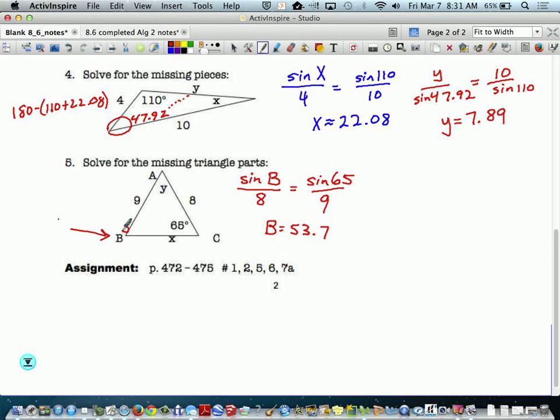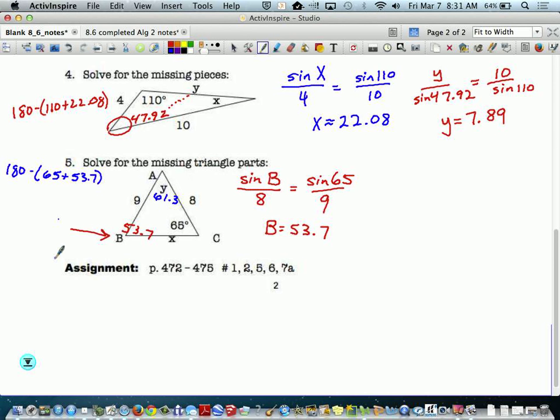So 53.7. Add that to the 65, so what's 180 minus 65 plus 53.7? 61.3.